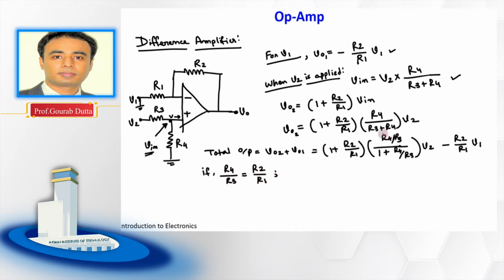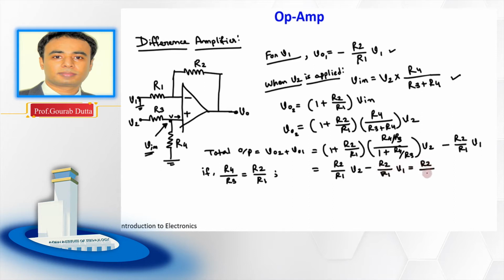So this becomes 1 plus R2 by R1, here also 1 plus R2 by R1, these two cancel out, right? And this R4 by R3 can be written in terms of R2 by R1, right? So this term now becomes R2 by R1 into V2 minus R2 by R1 into V1.